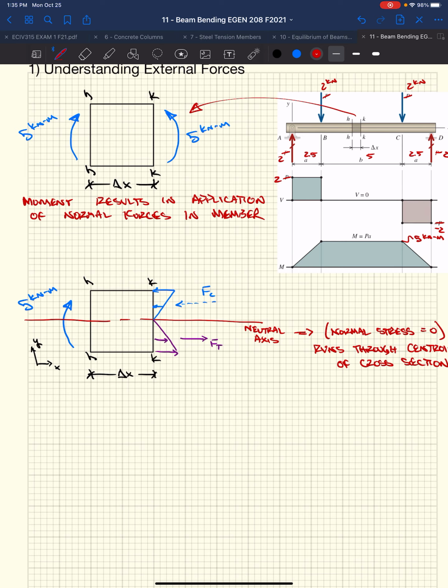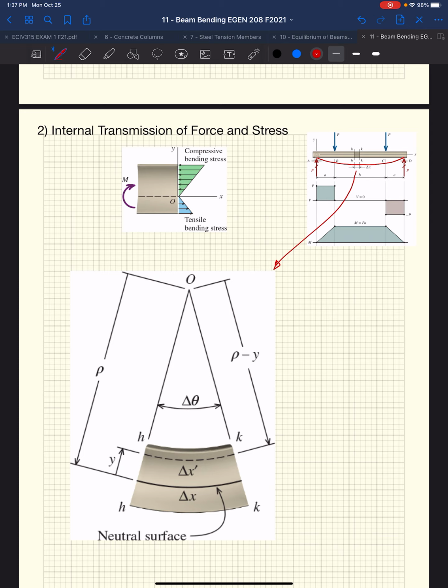So if we zoomed in really closely to this little section or sliver of beam that was deflecting between our two point loads, and looked at the deflected shape, it'd have some curve to it.